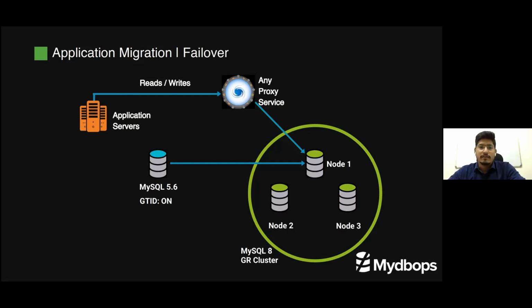In this fashion, we can seamlessly migrate our application traffic to the newer setup without the application even realizing the switch has happened. This is how we can achieve a zero downtime migration.